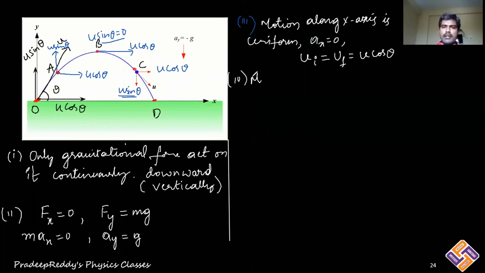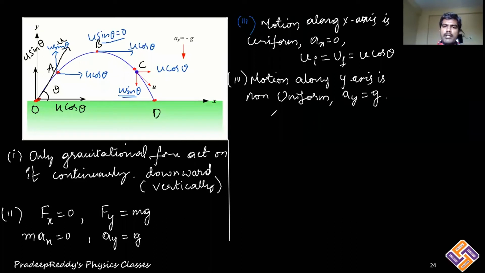Whereas motion along y-axis is non-uniform. Acceleration along y direction is equal to g, and that is downward. Therefore, initial velocity is not equal to velocity at the highest point.